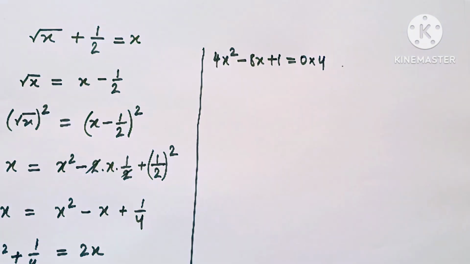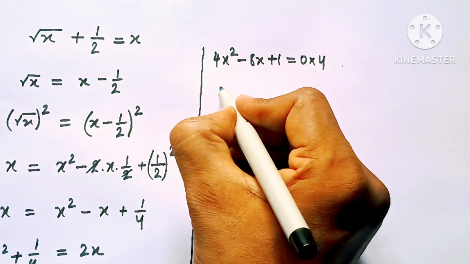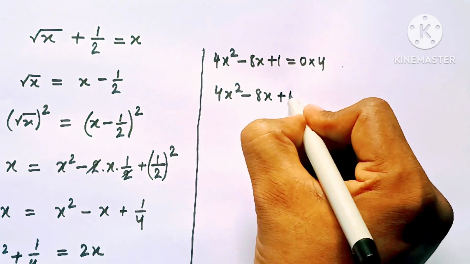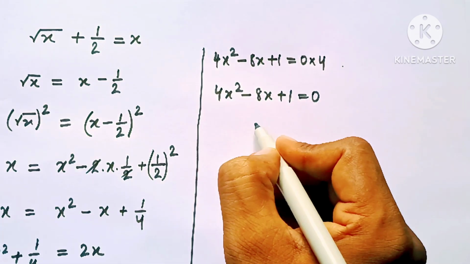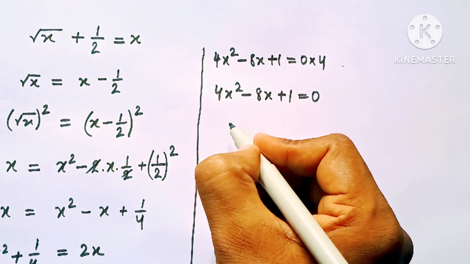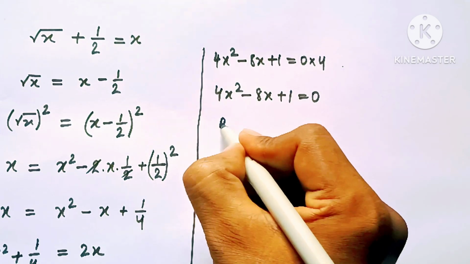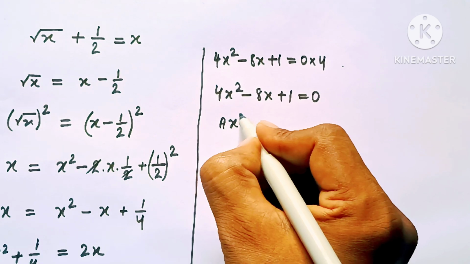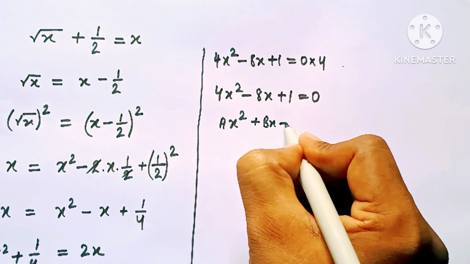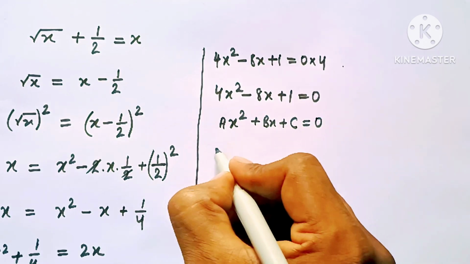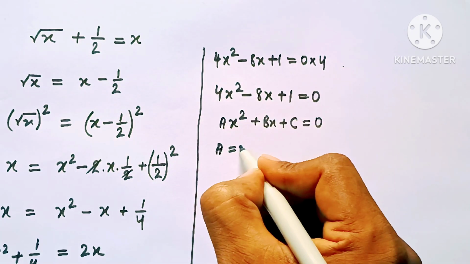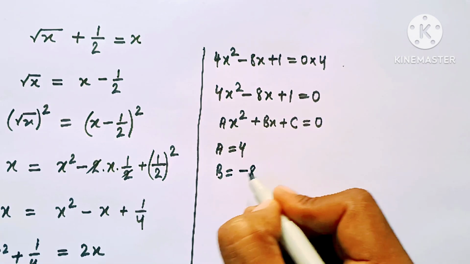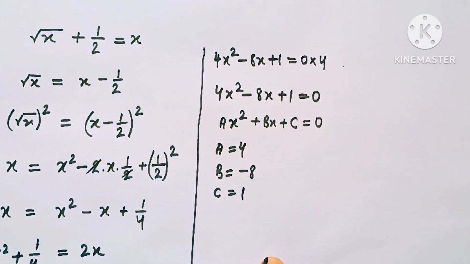Now we can get the values of a, b and c by comparing with the standard quadratic equation, ax square plus bx plus c equal to 0. So after comparing, we have the value of a as 4, b as negative 8, and c as 1.